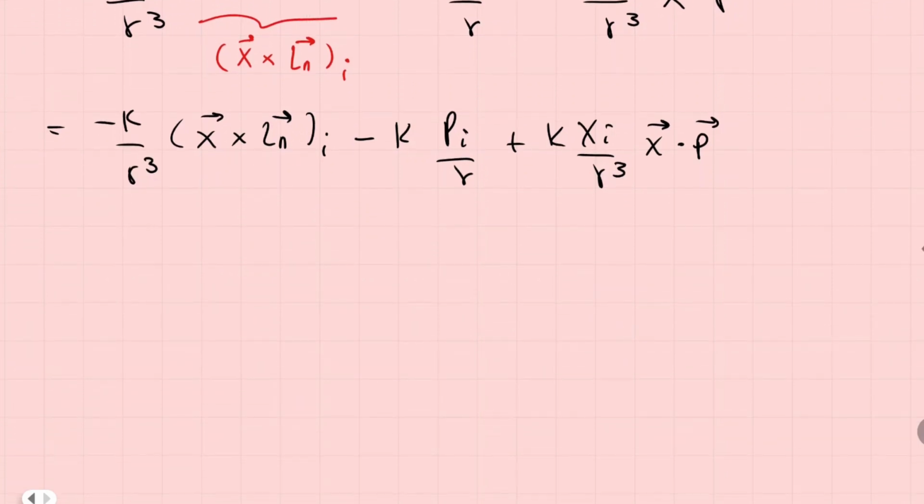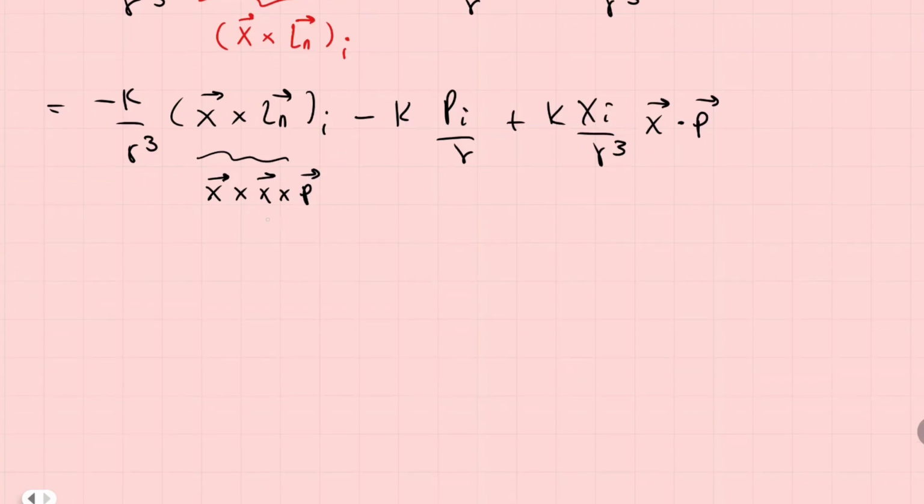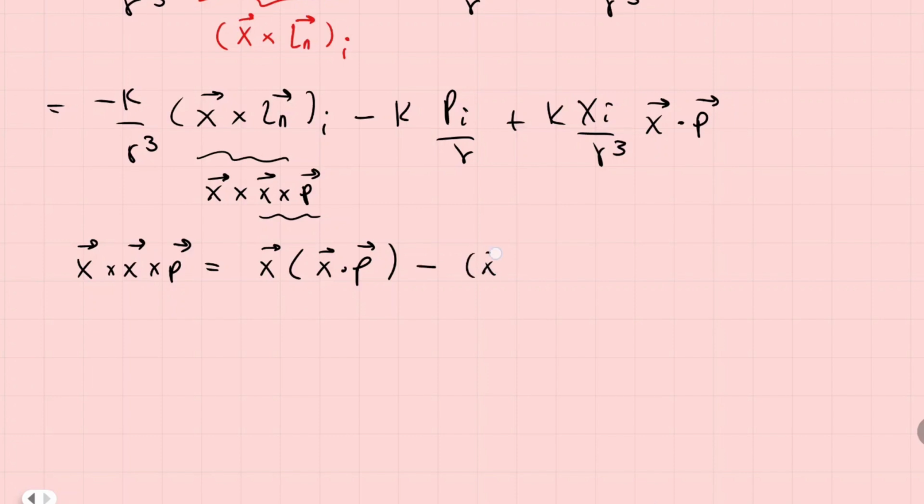So what we are going to do now is to use a vector identity, a very famous identity. But first of all, we are going to rewrite this as x cross x cross p, because the angular momentum is defined as x cross p. And we are going to use the next identity. X cross p can be written as x times x dot p minus x dot x times p.